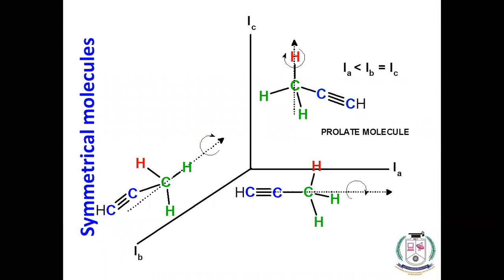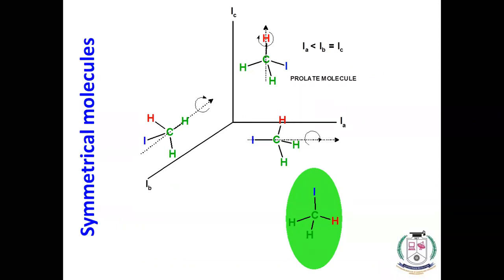Methyl acetylene is a prolate molecule. We are disturbing the spherical molecule by substituting a different one, giving a symmetrical top molecule, the prolate molecule. Even with iodine there, what happens? Two axes will be reducing and the third axis will be increasing. This is known as a prolate symmetrical top molecule.